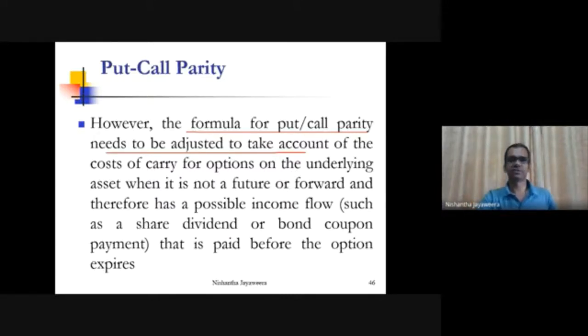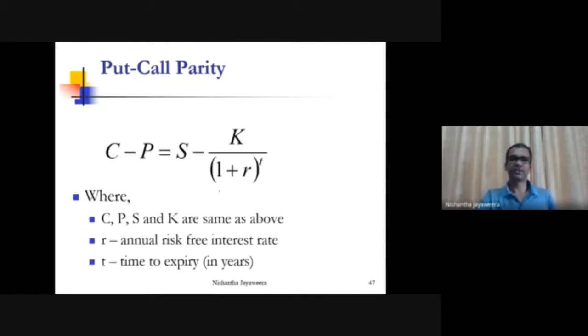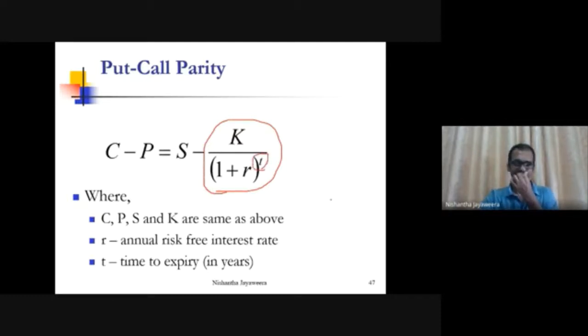It's not a value today. So to reflect that, we discount the strike price with the interest rate for the remaining maturity of the option.